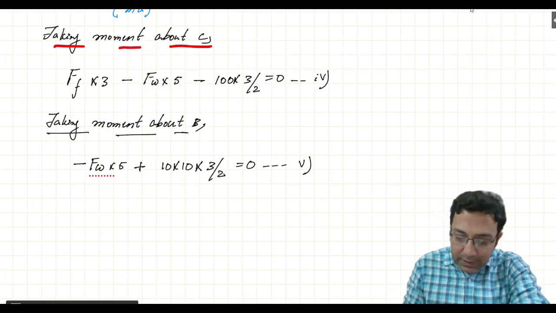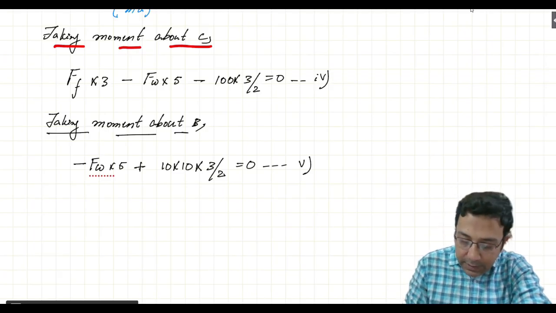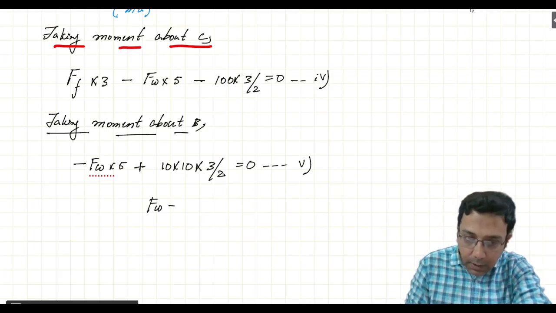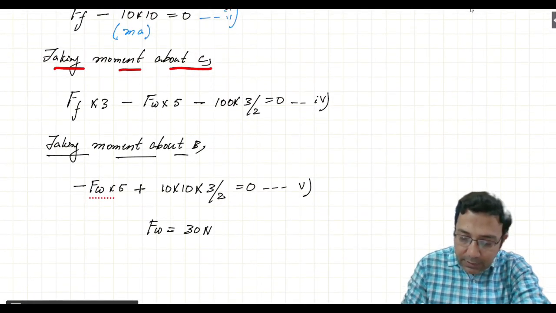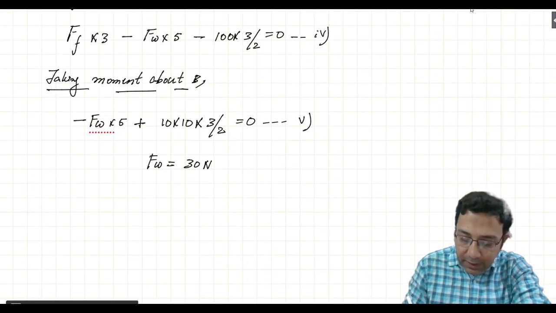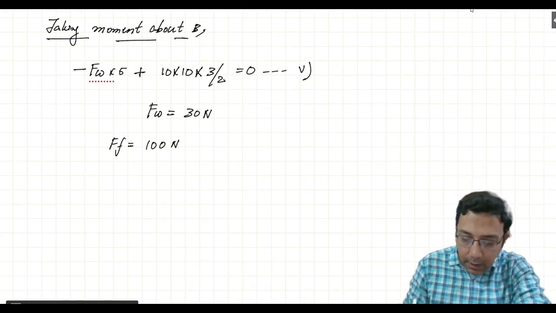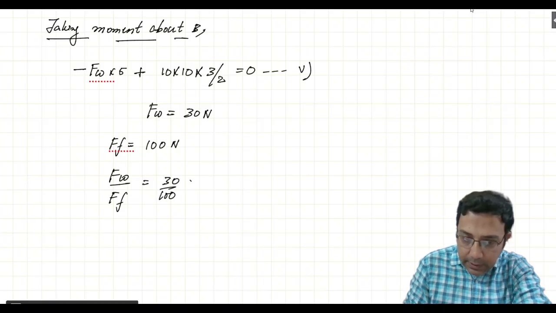If you just solve from these equations, Fw comes out to be 30 Newton. And if you put it in equation number 4, Ff comes to be around 100 Newton, and we have to find Fw by Ff, that is 30 by 100, equal to 3 by 10.